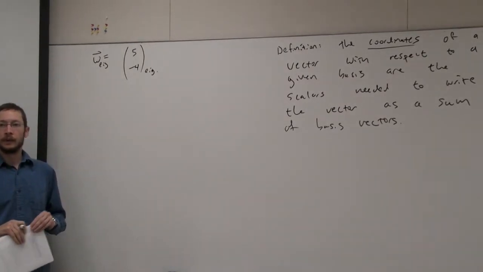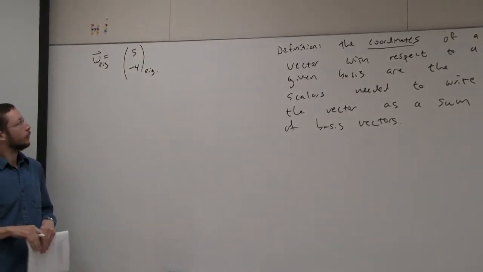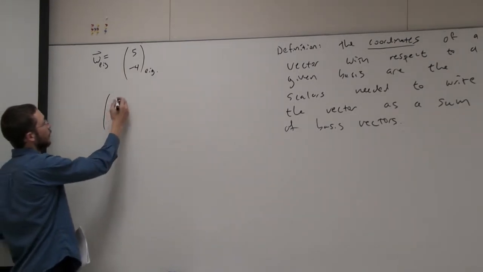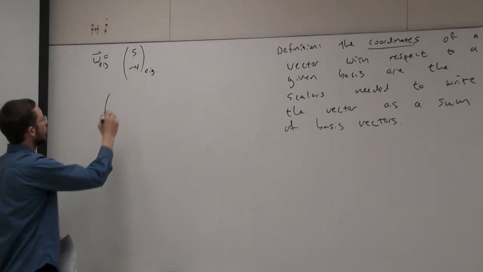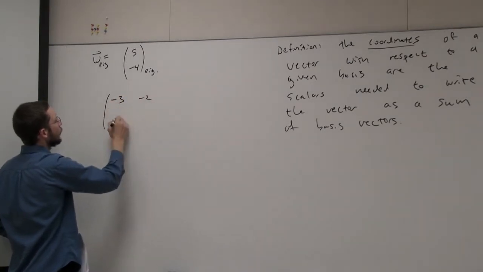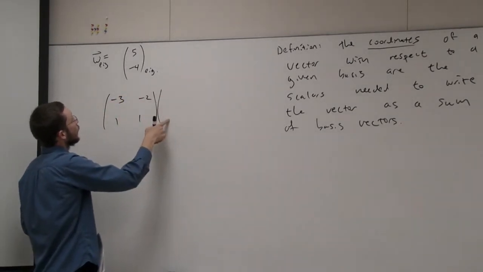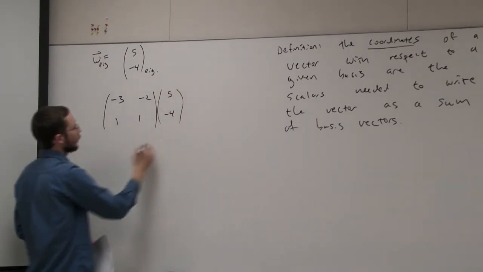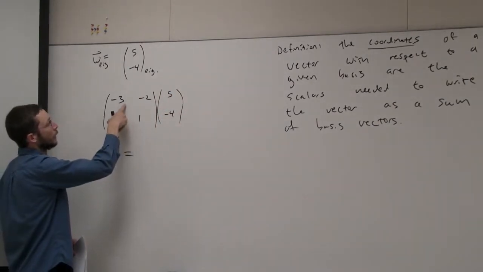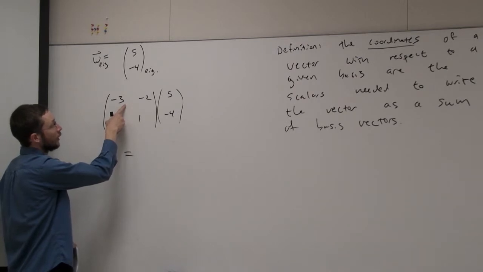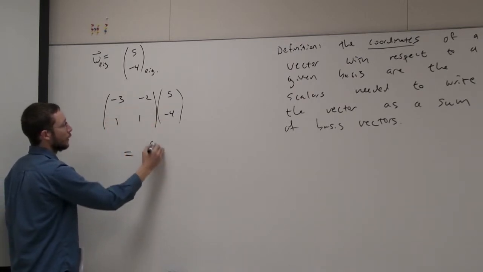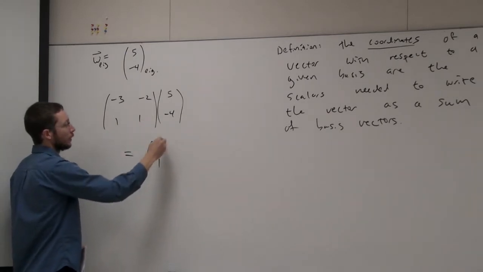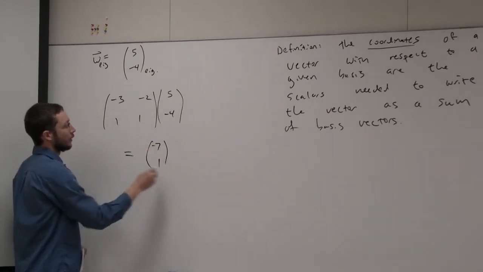And so if we want to see what this is written in terms of the standard basis, all we do is multiply by our matrix here, this guy that's written in terms of the eigenbasis. And lo and behold, what do we get? -15 plus 8 is -7. And 5 minus 4 is 1. Sorry, -7.